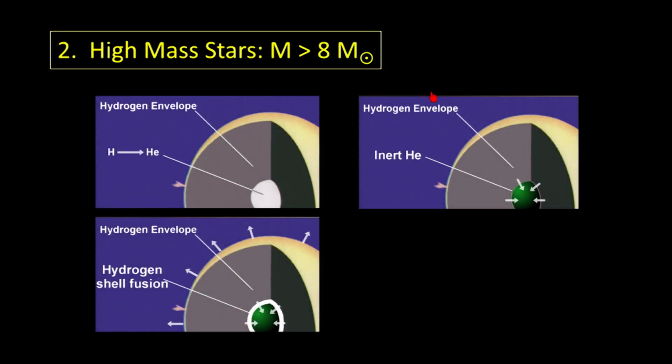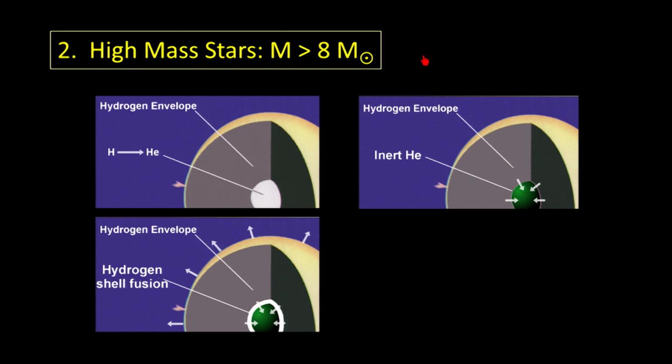Now, the category of high mass when it comes to stars are stars that are greater than 8 times the mass of the sun. So you'll notice there's no upper limit to this. There's no upper end. And to be quite honest with you, we're just not really sure what is the maximum mass that a star can have. We do know that there are some internal issues that occur for a star that's very massive.